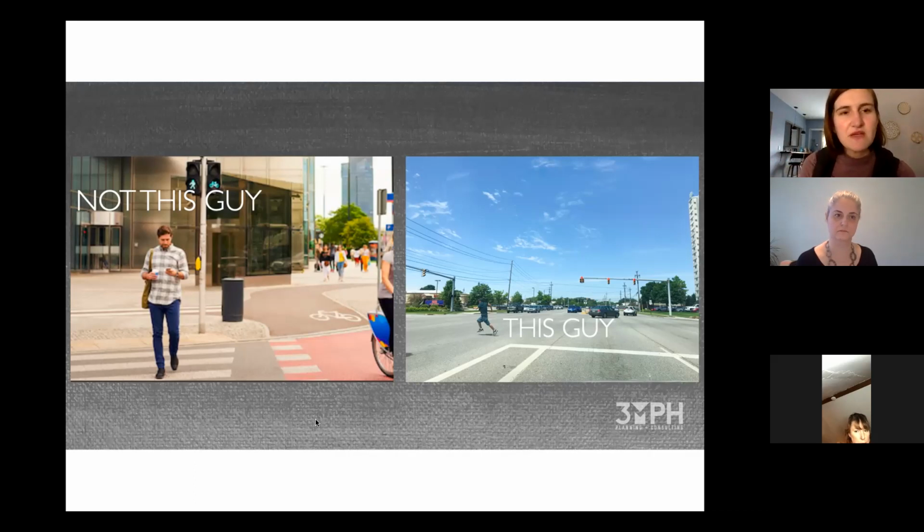So one of the stereotypes I think about is when people think of who's getting killed while they're walking, the kind of person they picture maybe is this guy here on the left, a very wired millennial crossing in a crosswalk, maybe in a major city like DC. But the reality is it's more like this guy here on the right who maybe is low income and is just trying to operate in an environment that's really unsafe in a lot of cases.